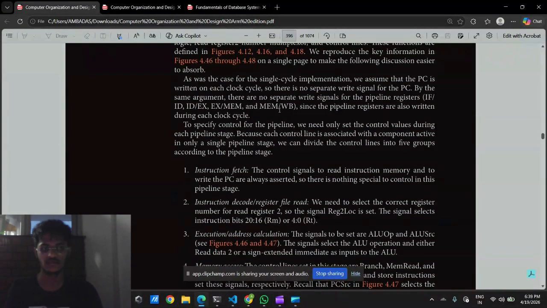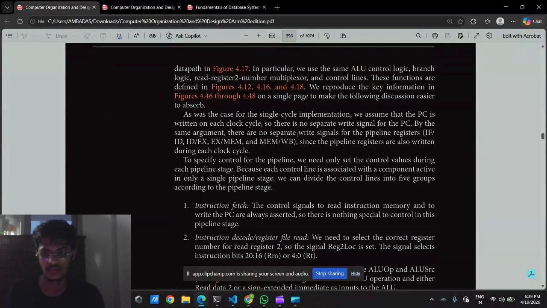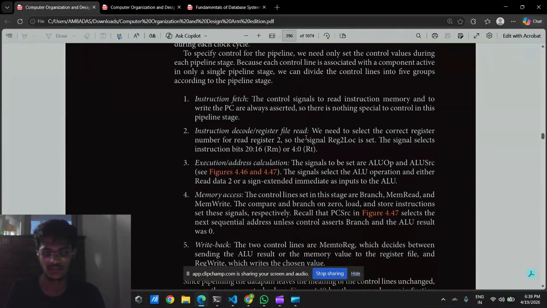So basically, they have divided the control lines analogous to the stages. The instruction fetch doesn't have any control lines, as we know, but in instruction decode, or the register file, we have to switch between the register or the RT field of the load or store instruction basically.